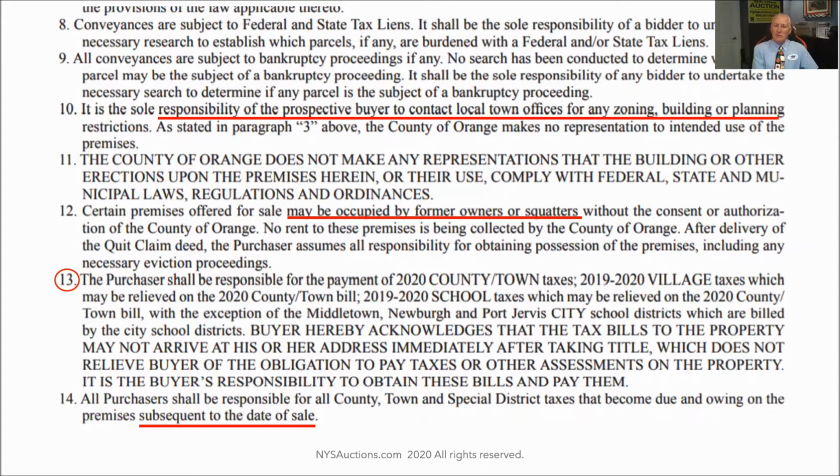Most of our auctions occur during the summer months, sometimes late into the fall, right before winter. When the new tax bills are coming out, one of them in January, it's very likely that your name will not be on that tax bill. Even though you may have closed on this property in June or October or November, whenever these auctions had a closing date, it's very typical that your name will not be on that new tax bill yet.